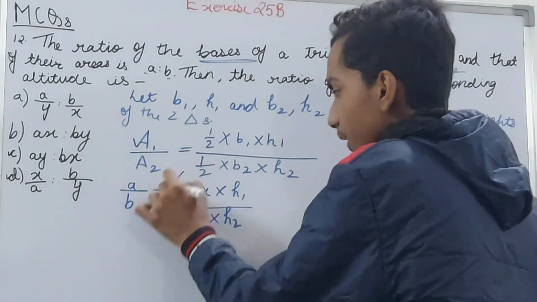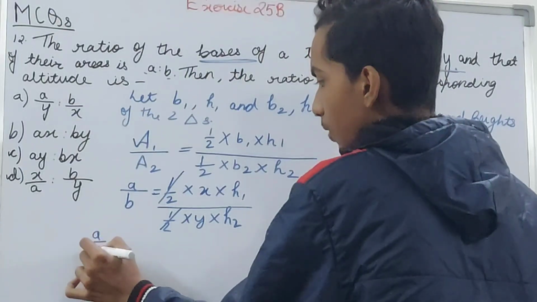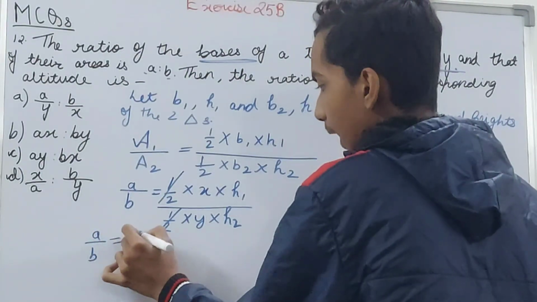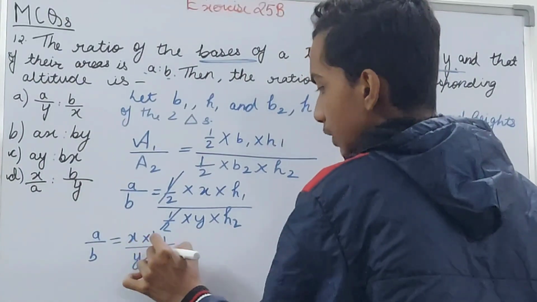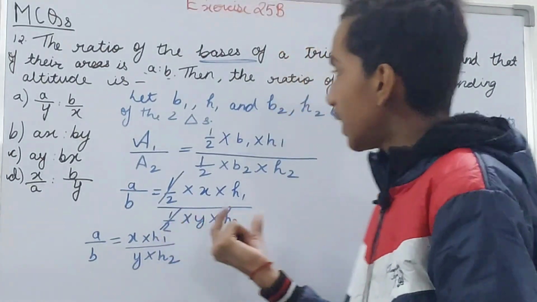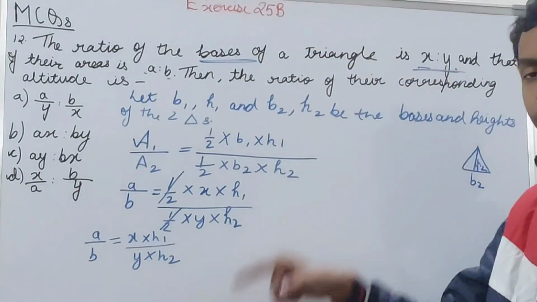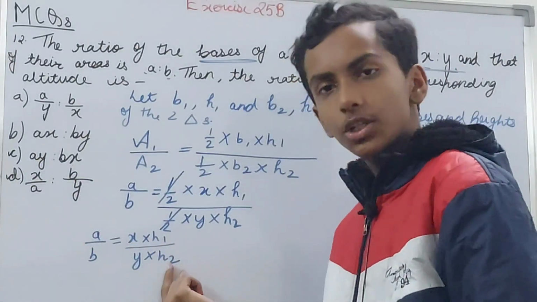Now half cancels half. So we are left with a upon b is equal to x into h1 upon y into h2. What is asked is the ratio of their corresponding altitudes, that means the ratio of their heights. Here you can see h1, h2.